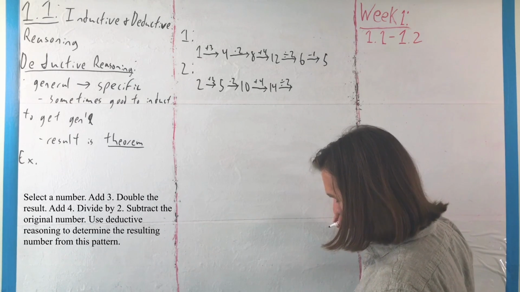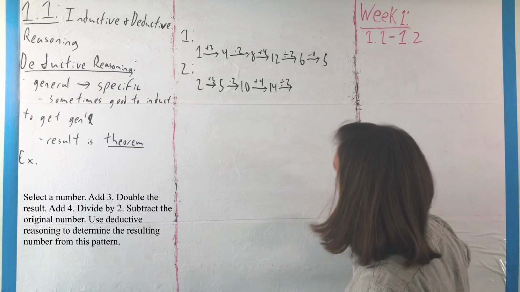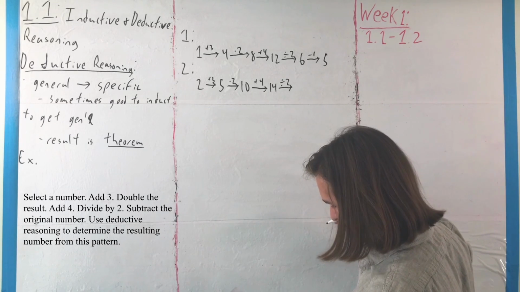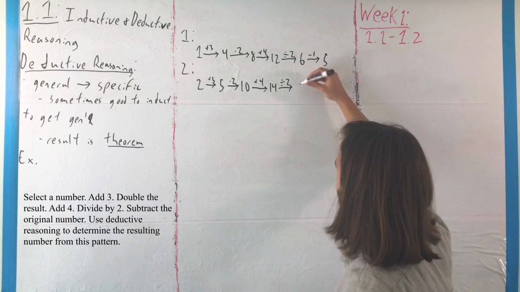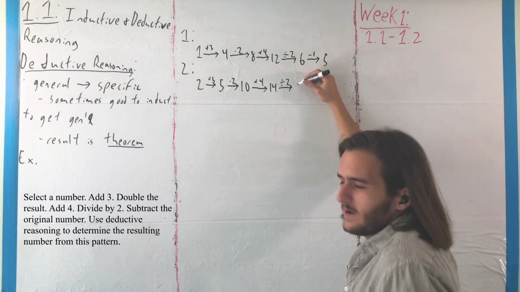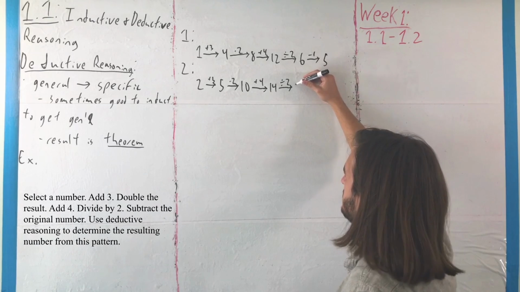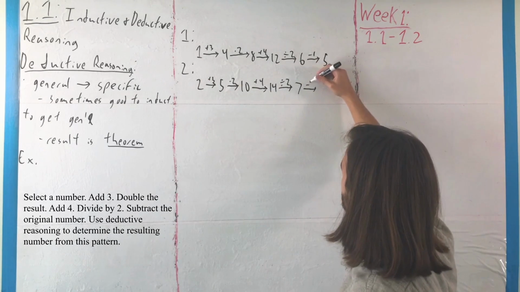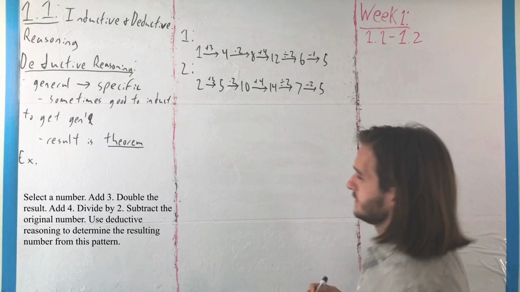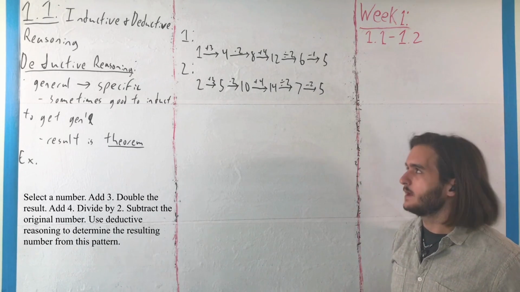Let me double check this. Oh, that's silly of me. We're subtracting the original number, not 1. Jumping ahead of myself. See, I'm moving too fast sometimes. It causes me to lose my own confidence. But we get here to 7, and then we subtract the original number, which was 2, minus 2, gives us 5 again. So we've got 2 cases here that both give us 5.